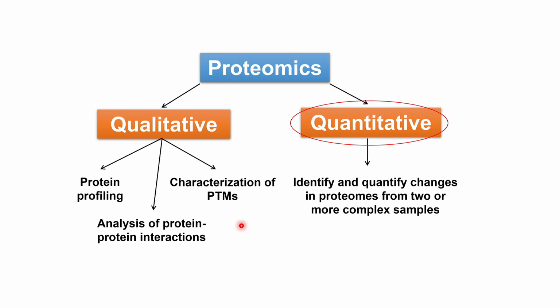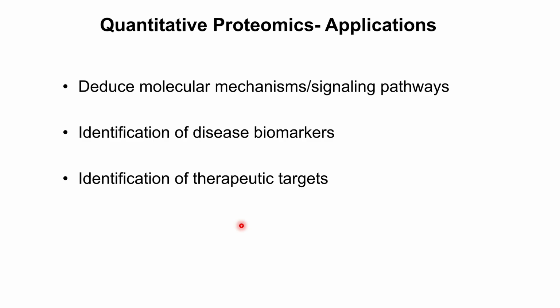Okay, moving on to quantitative, where we get the numerical information. Using quantitative proteomics, you can find the molecular mechanisms or signaling pathways. You can find disease biomarkers or identify therapeutic targets. How? Let's go one by one.